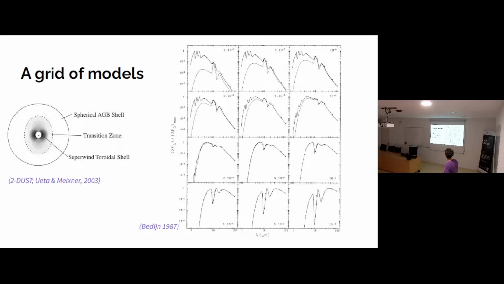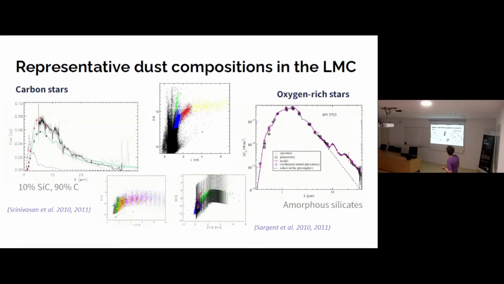So we did something similar, and then you can calculate synthetic photometries along the SED for all these model grid points. That's what we did, and we did it for representative dust composition. So we isolated carbon stars and oxygen-rich stars.